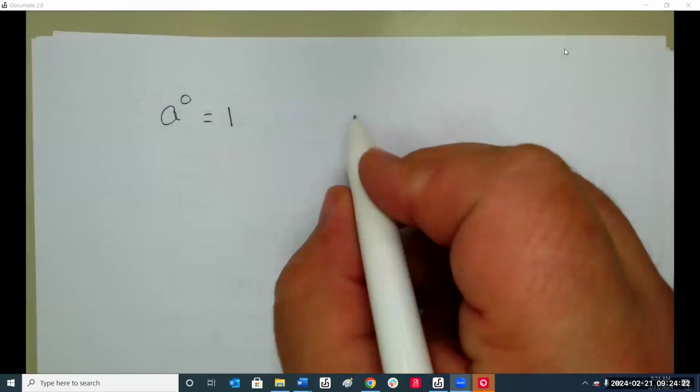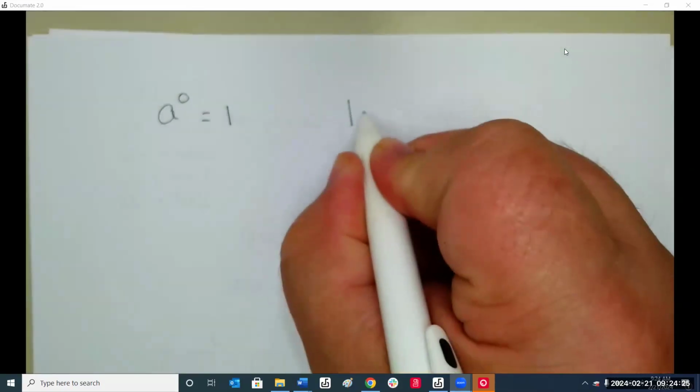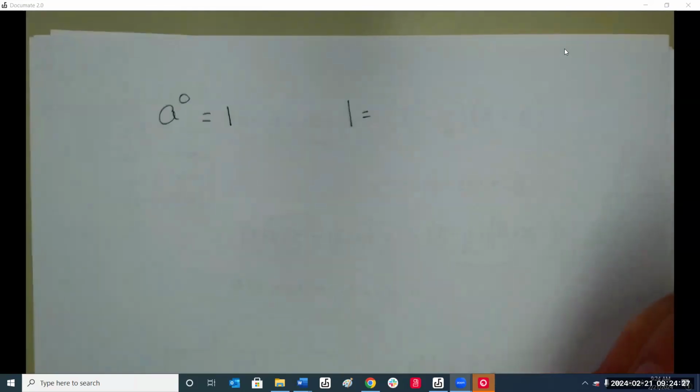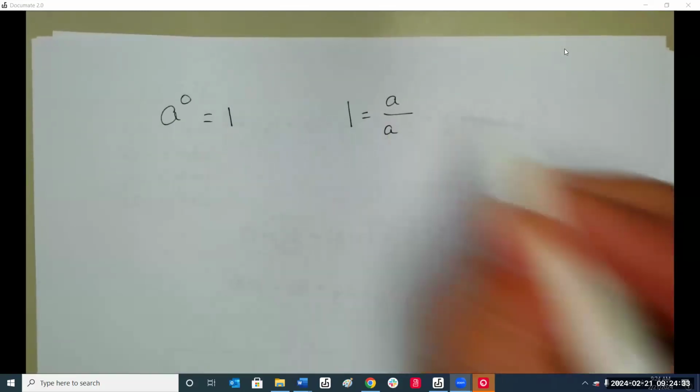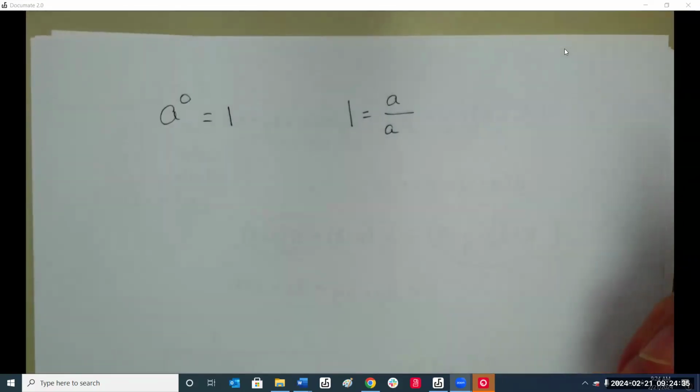Any number raised to 0 is what? Think about it. With what we just learned, what equals 1 in mathematics? In fractions, what equals 1? Always in fractions. Anything over itself. 5 over 5, 1.